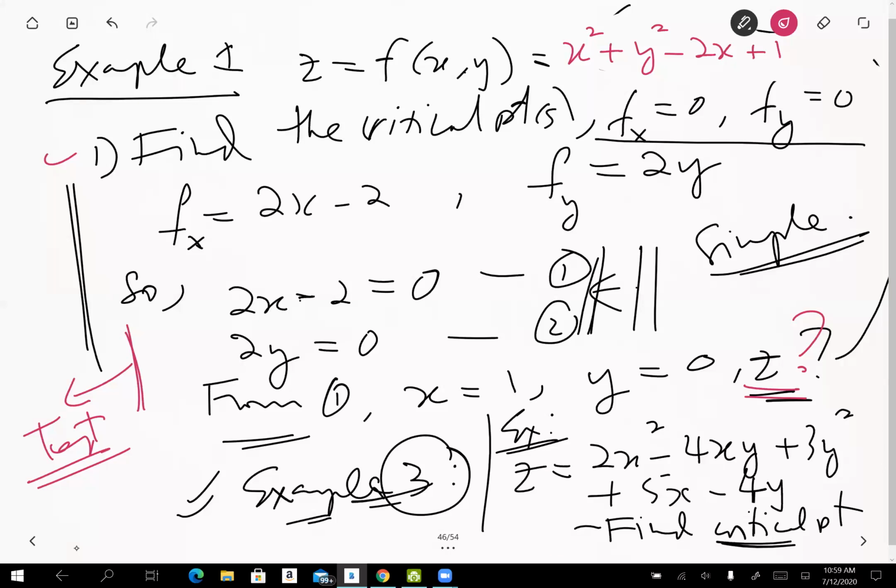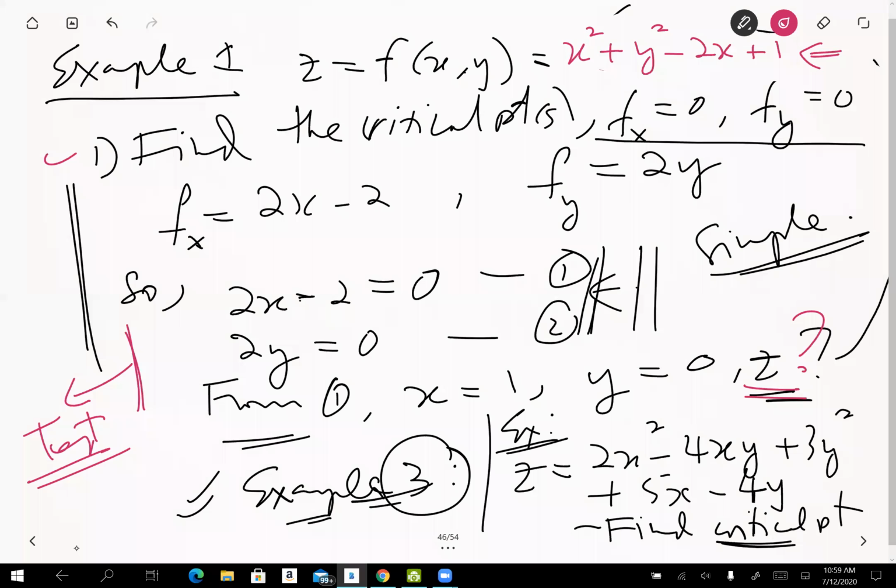I think x squared and y squared are correct. Yes, correct. Okay, so you get the second partial derivatives.